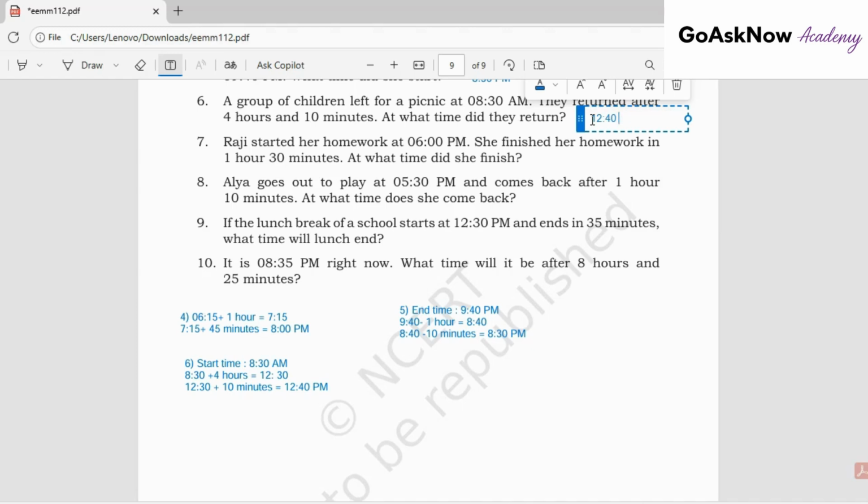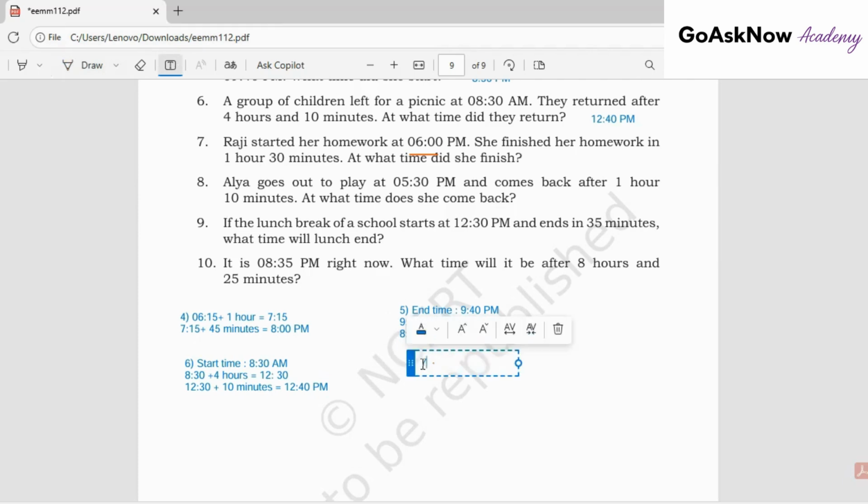They returned at 12:40 p.m. Next question, seventh question. Raji started her homework at 6 p.m. She finished her homework in 1 hour 30 minutes. At what time did she finish? Let us answer this question.